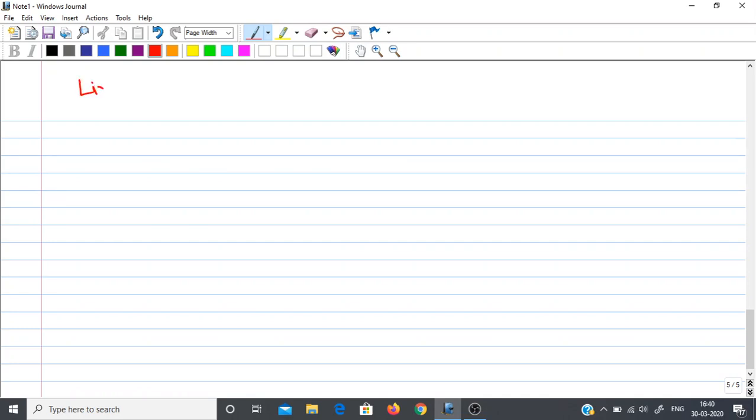So linear combination. Let's say you have two vectors x and y. These are the two vectors in a given space.